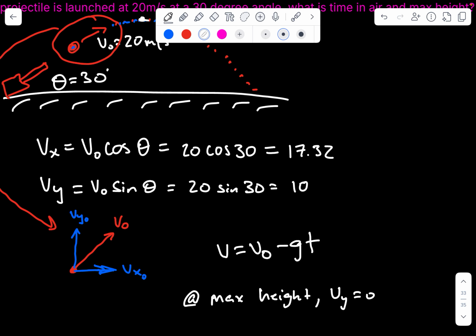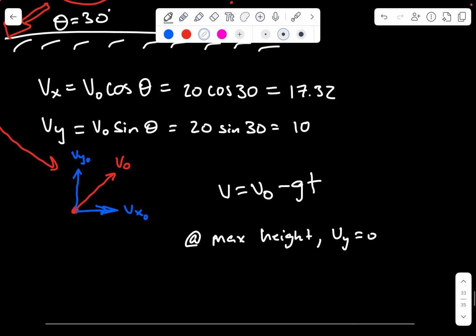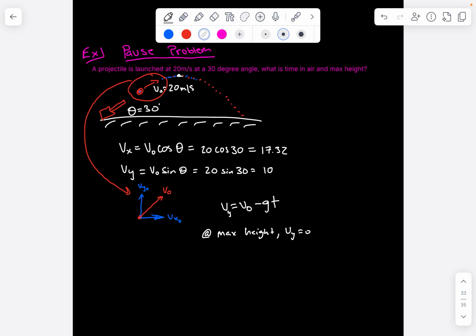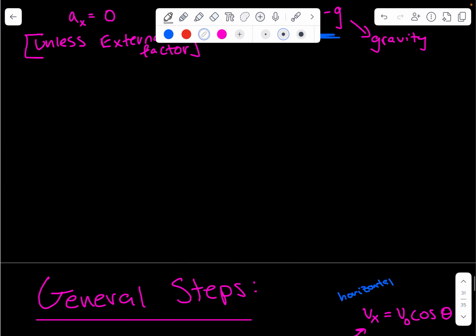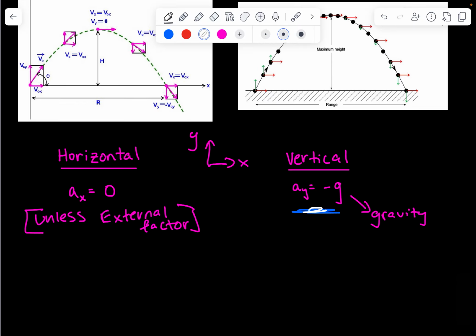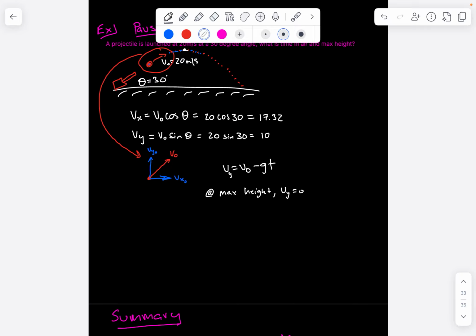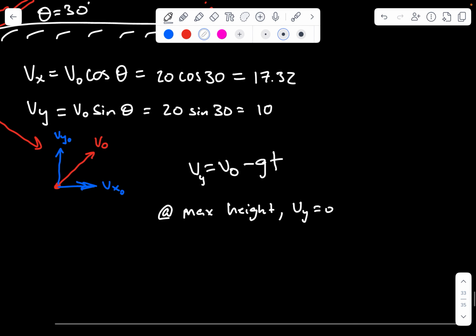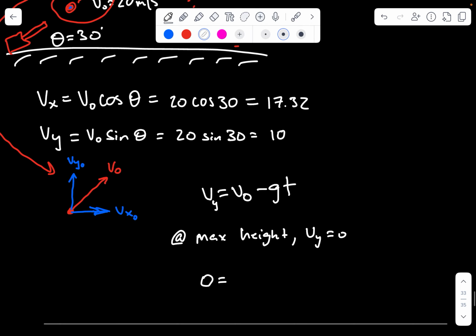So that allows me to use this formula right here. So I'm going to say Vy, because we have negative g, and this in the formula sheet is usually given by a, but as we know, a in vertical is g. So to continue this, we know that Vy at peak is 0. We know V initial in the y direction is 10.